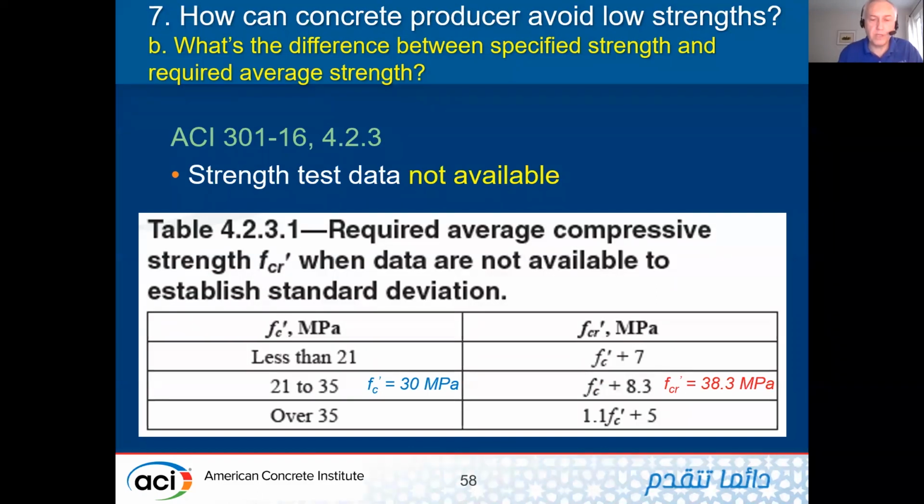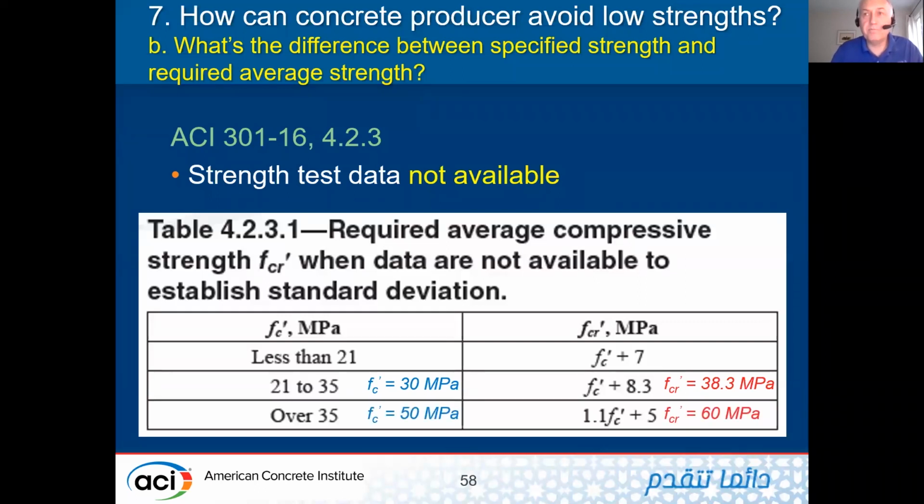In other words, you are making concrete so that strength is 38.3. The average strength of all the tests has to be a minimum of 38.3, and that will, from the statistical viewpoint, guarantee you that you will not get more than 1% failure.